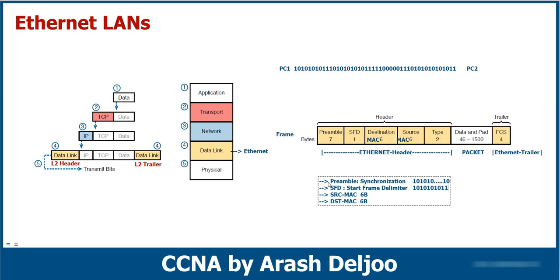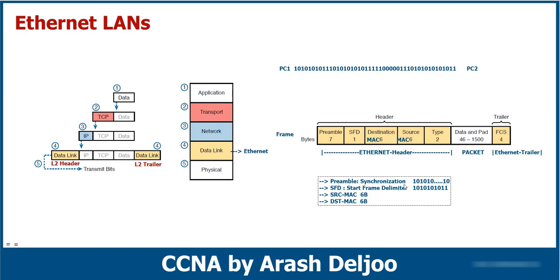You know that the SFD has one byte length and the preamble has 7 bytes length, so both of them together have 8 bytes, and this means 64 bits.